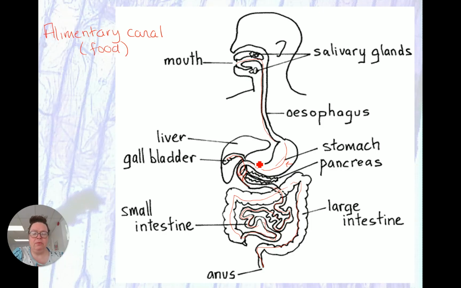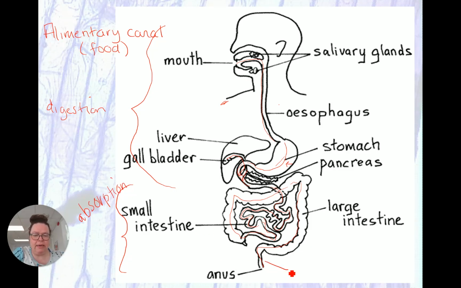Now, we get this top bit here, so all the way, let's get my pen in the right place. Where's my pen? There it is. So all of this bit here is digestion. And then the small and large intestine are absorption. So we're absorbing the food that we need.